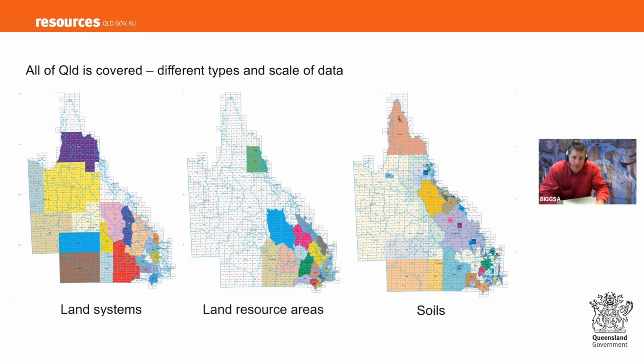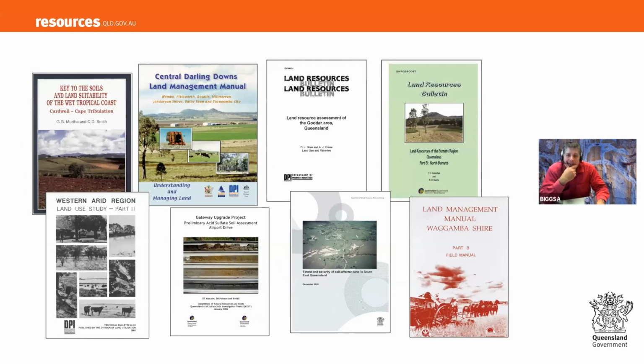So if you're lucky enough to have a land management manual in your area, that's the thing really to go to. So that's examples of what they look like over time. As I said, the land management manuals are in colour, with pictures of the soil profiles. Most of the technical bulletins don't have pictures of the soil profiles.